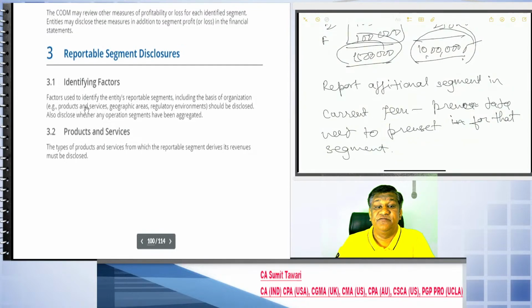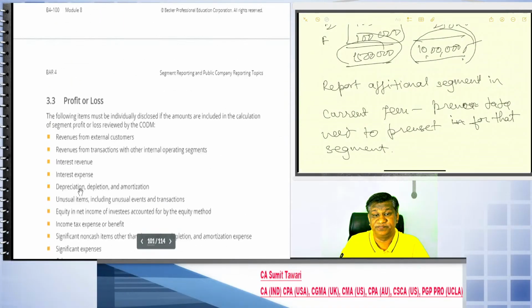Identifying factors: the factors used to identify the entity's reportable segment need to be disclosed, meaning on what factors you have decided these are the separate reportable segments, like product and service wise, geographic area wise or regulatory environment wise. Product and service: the type of product and service from which the reportable segment derives its revenue must be disclosed.